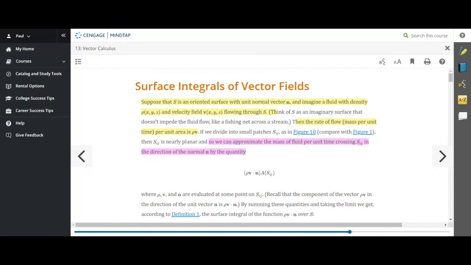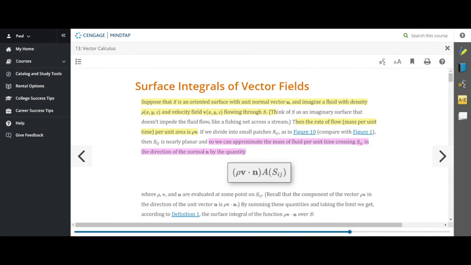This density, this force field, which is density times the velocity field, dotted with the normal vector times the area of the patch, at the ijth patch, that's the mass of fluid per unit time crossing the patch.